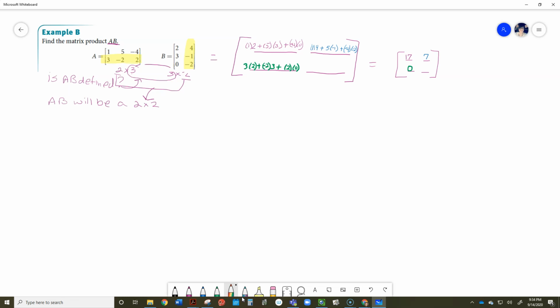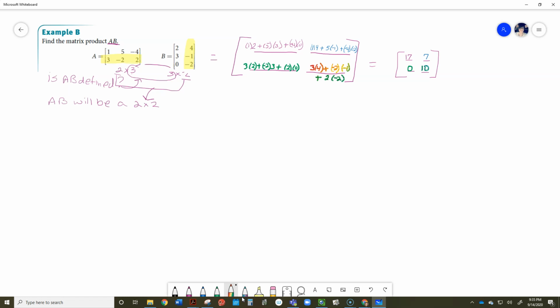That's going to leave me multiplying 3 times 4 plus -2 times -1 plus 2 times -2. So I did this times this, this times this, and this times this. That's going to give me 12 plus 2, which is 14, and that's a -4. So put all that together and you get 10.